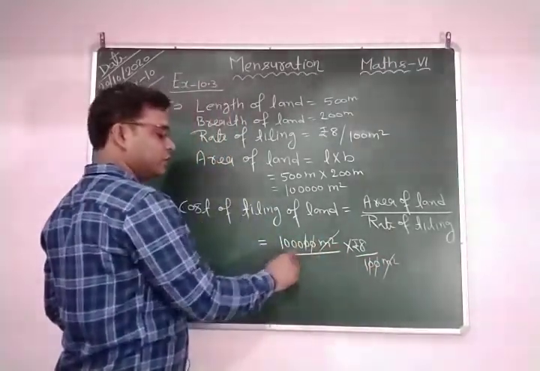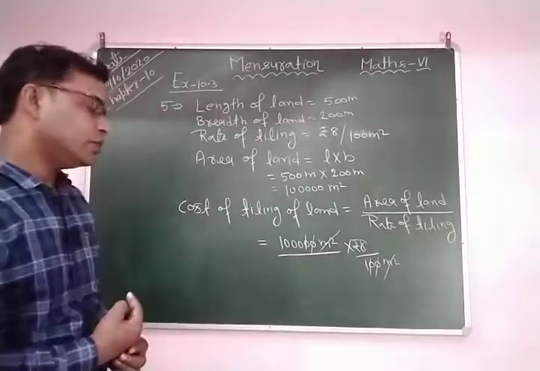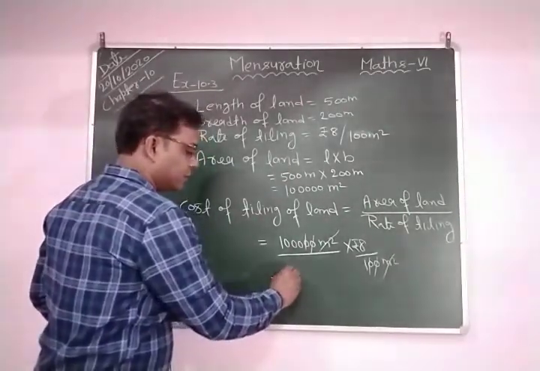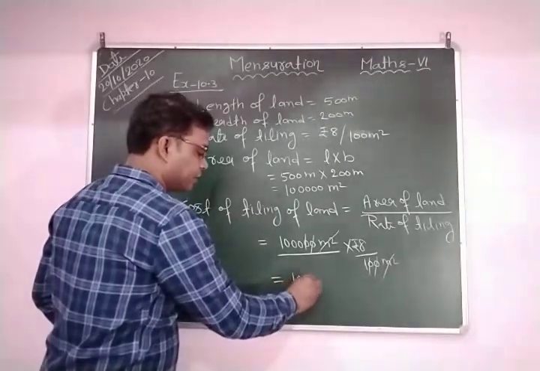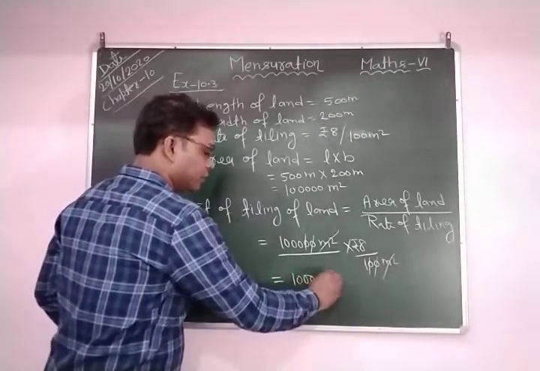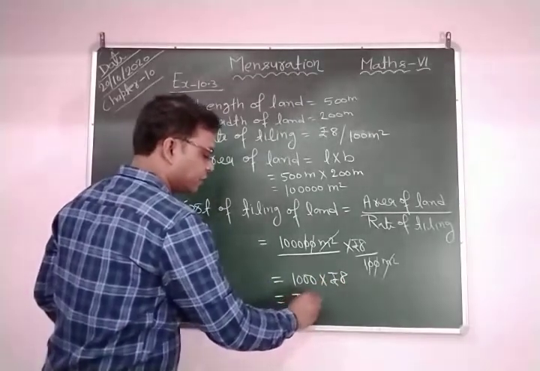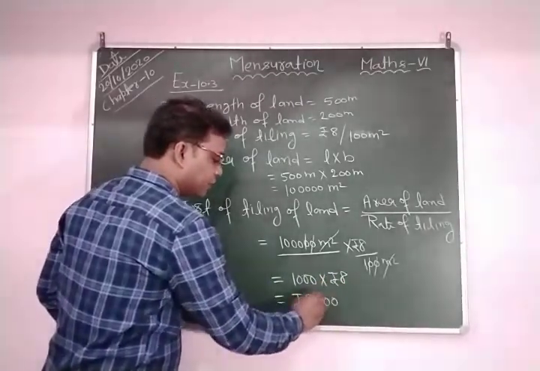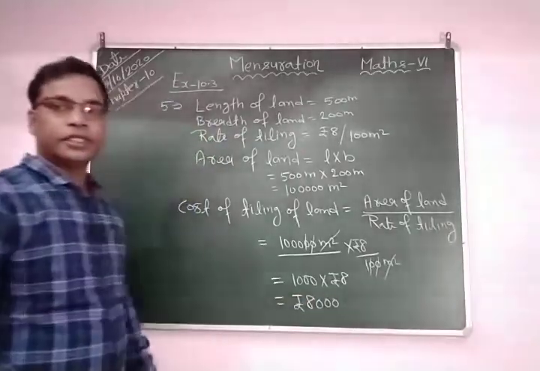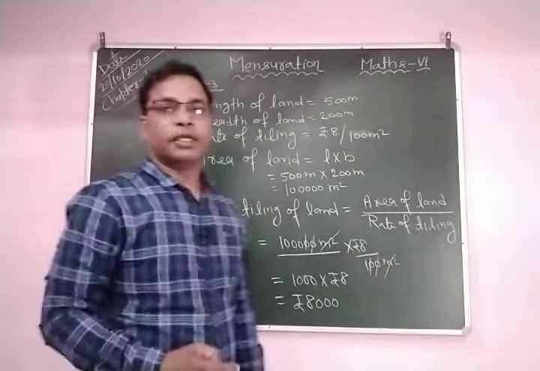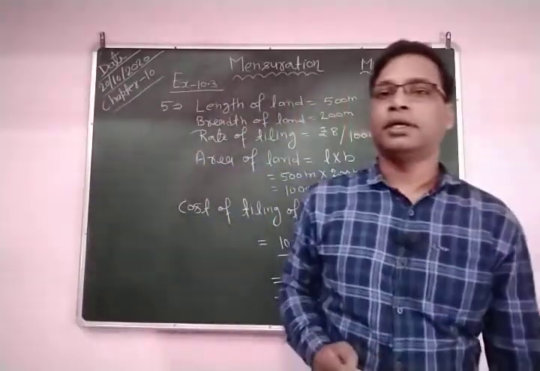We have only 1000 into 8. In this way you have 8000. 1000 into rupees 8, so we have rupees 8000. This is nothing but the cost of tiling of the rectangular plot of land.